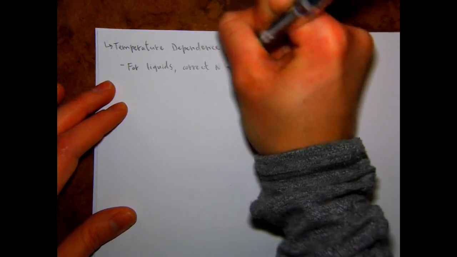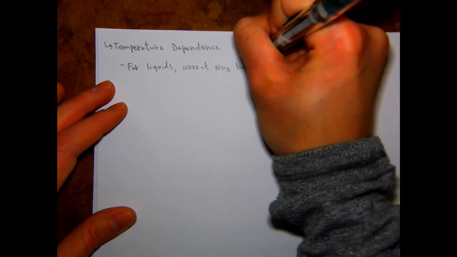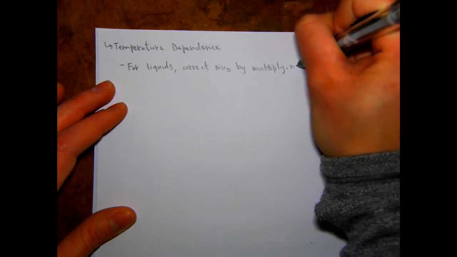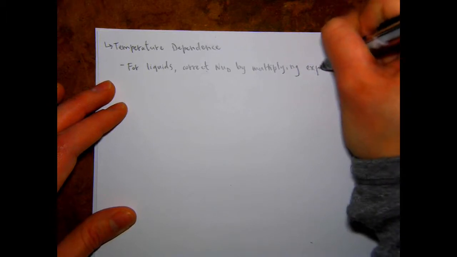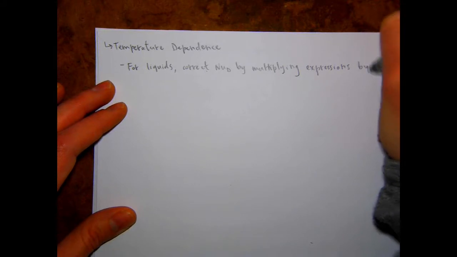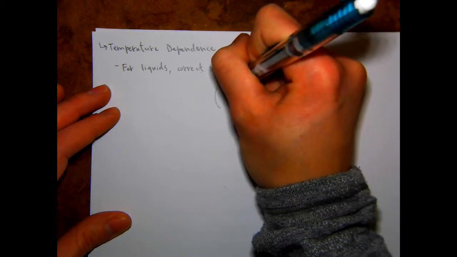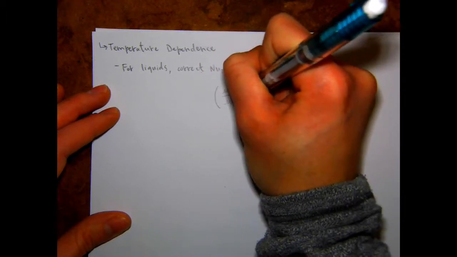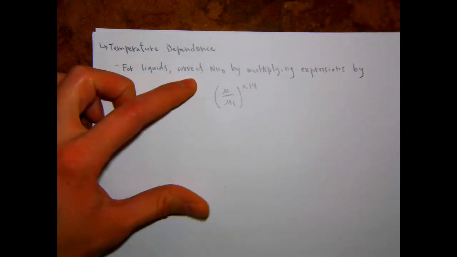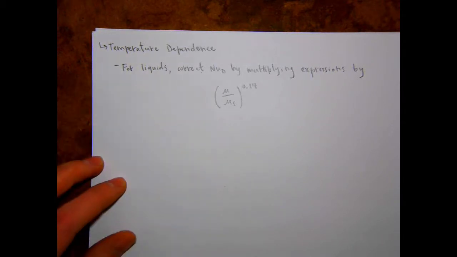So for liquids, we can correct the Nusselt number expressions by multiplying the expressions by this factor that we've seen before in some of our empirical correlations: the dynamic viscosity divided by the dynamic viscosity evaluated at the surface temperature, raised to the 0.14.